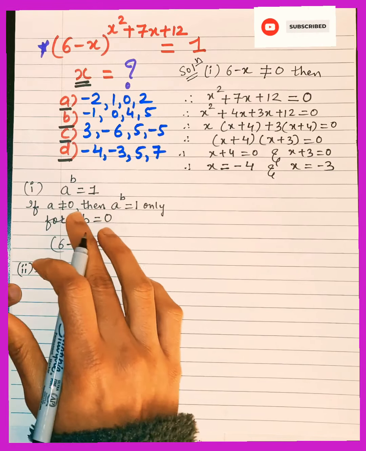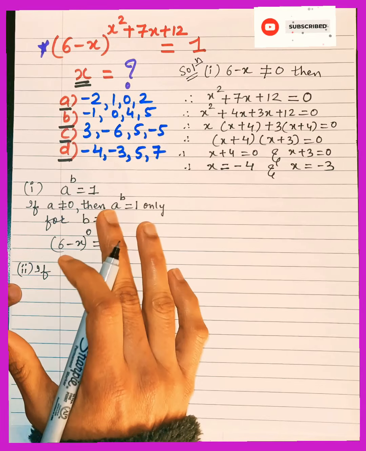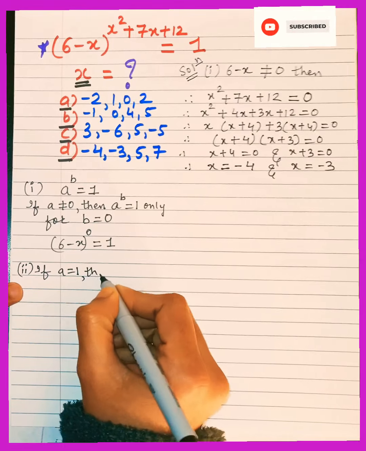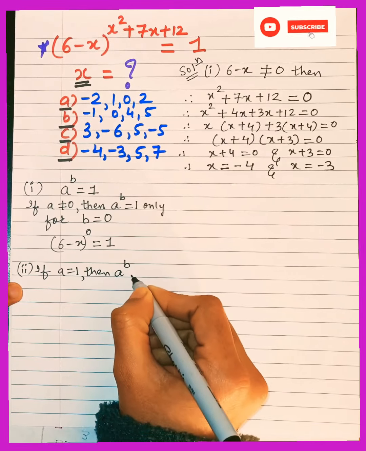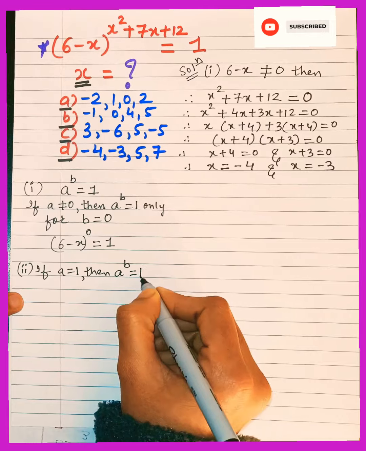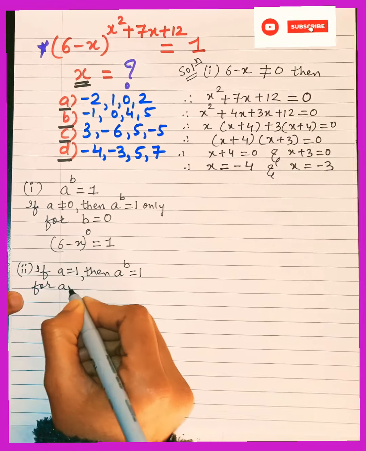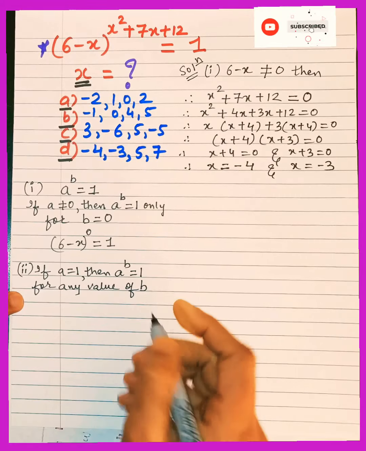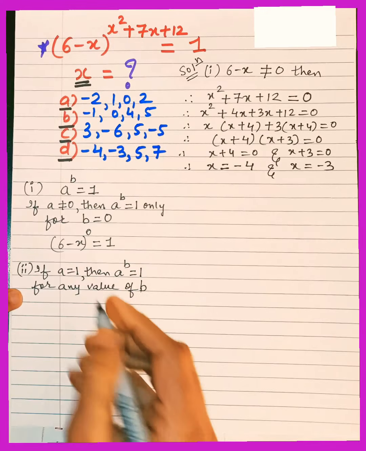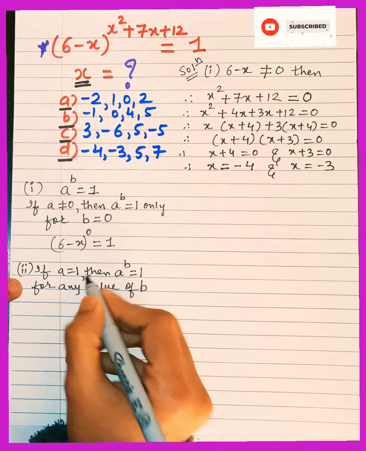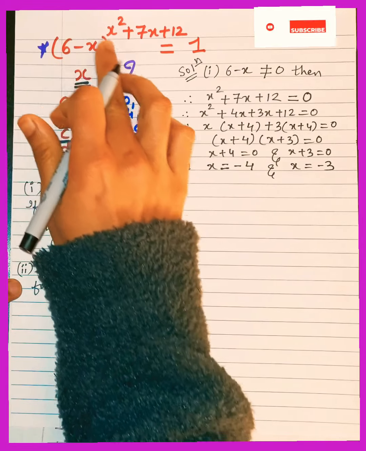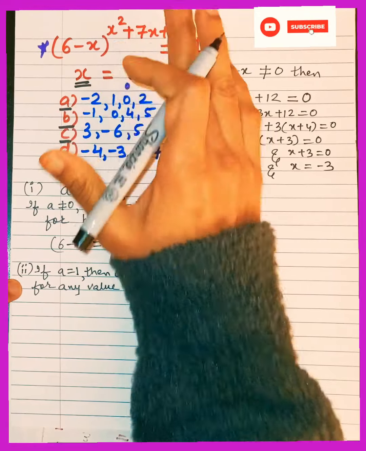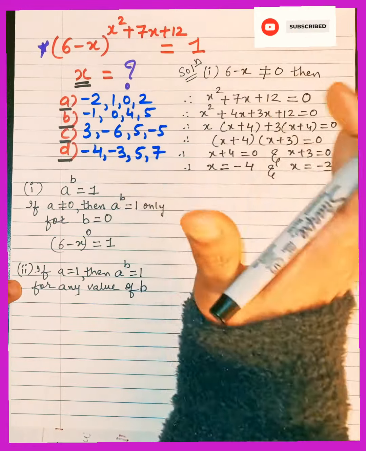If A is equal to 1, then A raised to B equals 1 for any value of B. As I have written, if A, meaning this part, is 1, then 1 raised to anything is equal to 1, right?